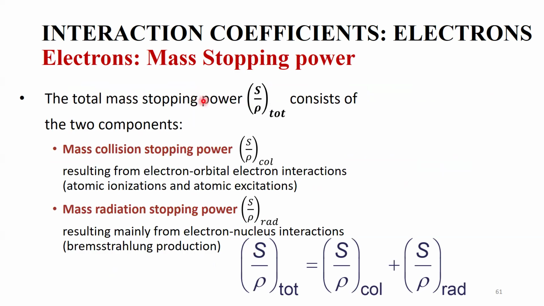So this is the total mass stopping power S over rho. It consists of two components. The total stopping power of an electron is actually the summation of two major components, which are the mass collision stopping power and the mass radiation stopping power.